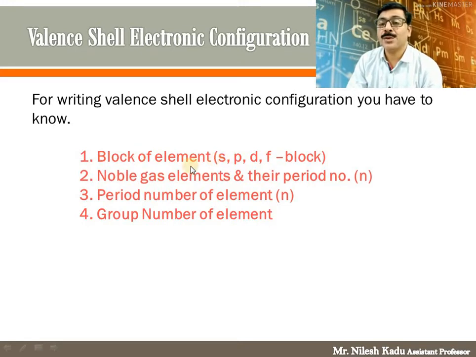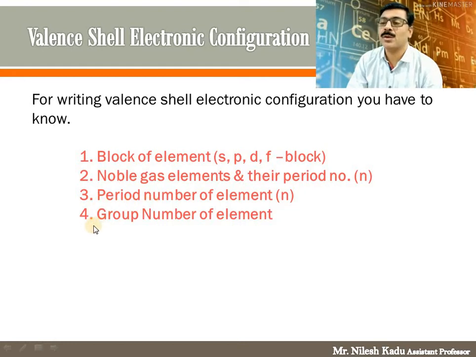Then second thing, the selection of noble gas element and the period number of the noble gas element, means on which period the noble gas is present, it is very, very important. Now third thing, you have to know the period number of the element, means on which period the element is present. It is present in first period, or second, or third period. You have to know this.